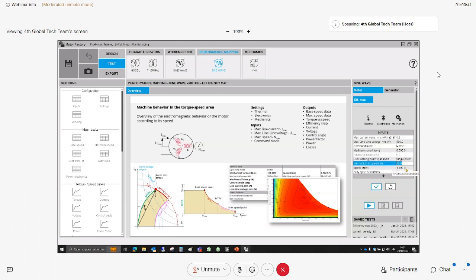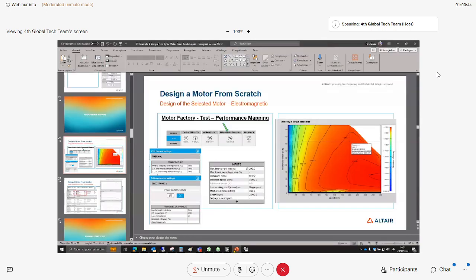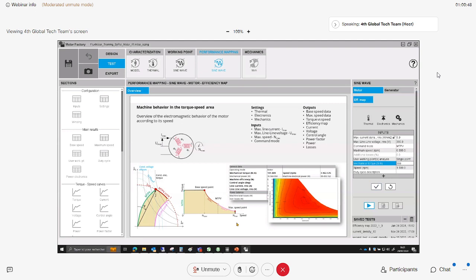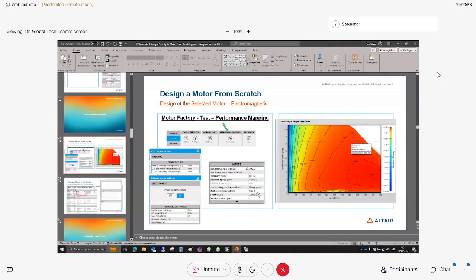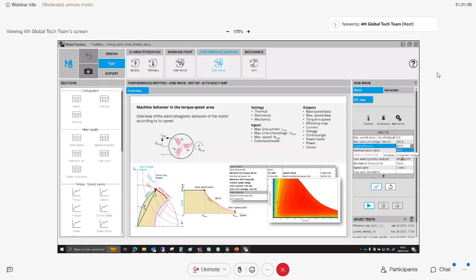So I want to have 369 with a security factor at 2000 RPM. And then you have to select the command mode. We have only 2 command modes, MTPV, maximum torque per voltage, or MTPA, maximum torque per amp.